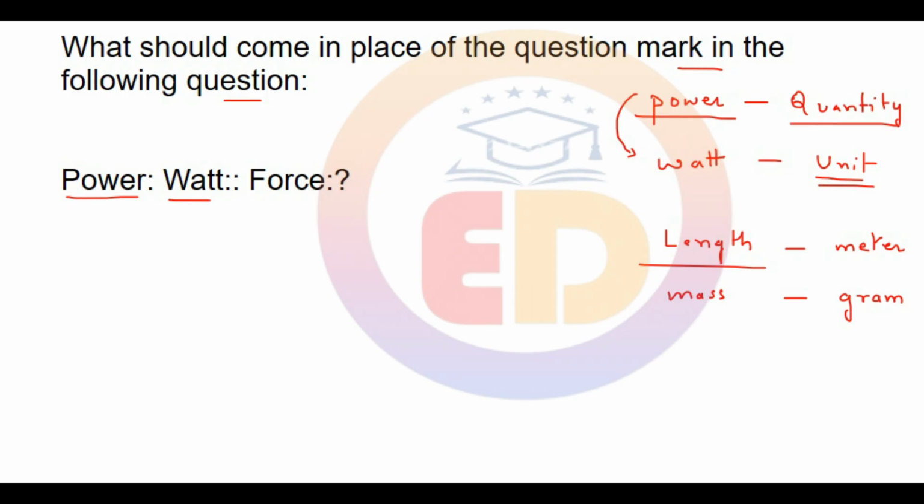Power is a physical quantity, its unit is watt. Similarly guys, force is a physical quantity and unit of force is Newton. This is the unit of force. So answer will be Newton.